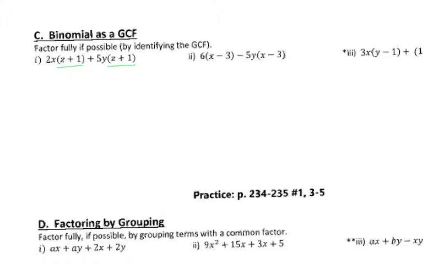When we look at this first problem here, you'll notice that both multiplication complexes have z plus 1. So all you do is pull those out, and then in the second bracket, all you're going to do is put the coefficients that were in front of it in the other bracket. In this case, we get 2x plus 5y for our second bracket. Just remember, the GCF is literally z plus 1, and that's how we ended up pulling these out.